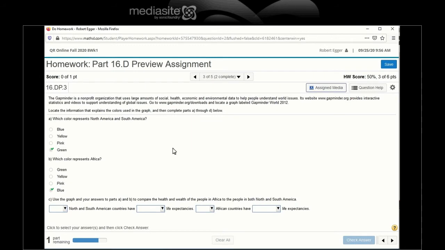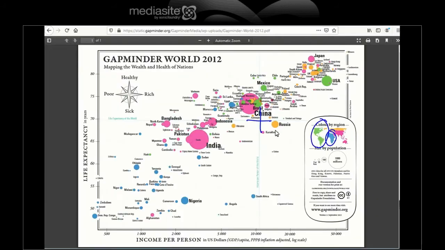Use the graph and your answers to parts A and B to compare the wealth of the people in Africa to the people in both North and South America. Let's see what we've got here. Let's go with green.